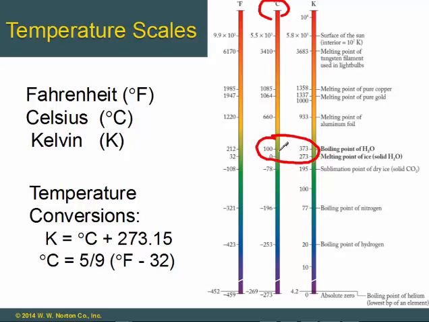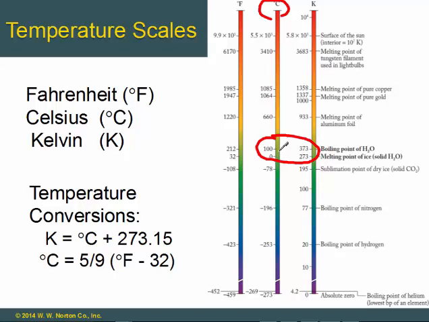Kelvin is an absolute temperature scale. 0 Kelvin is the coldest you can get. We'll discuss later with thermodynamics, heating and cooling objects. Heat really is a measure of kinetic energy, how fast the atoms and molecules vibrate. You heat something up, they're vibrating faster and faster. You cool something down, they vibrate less and less.